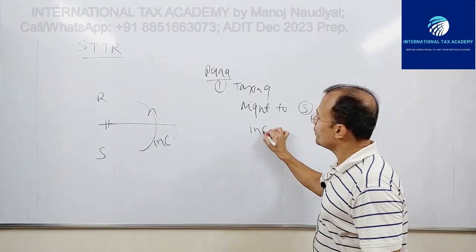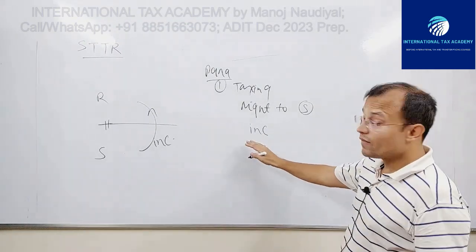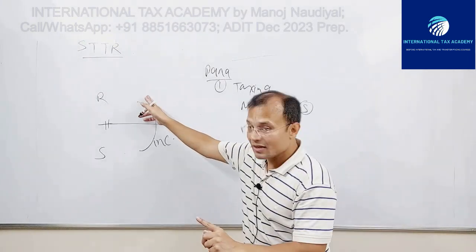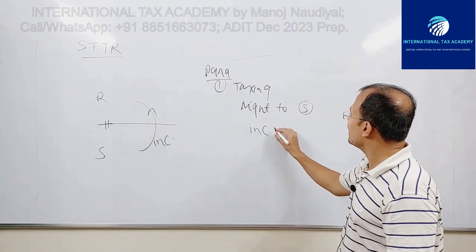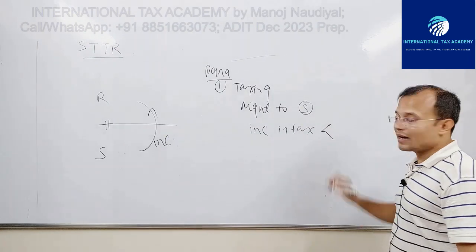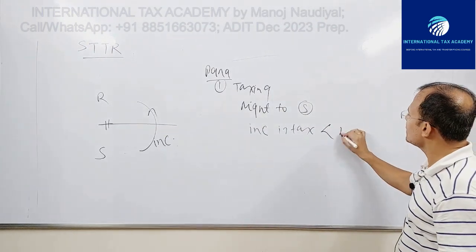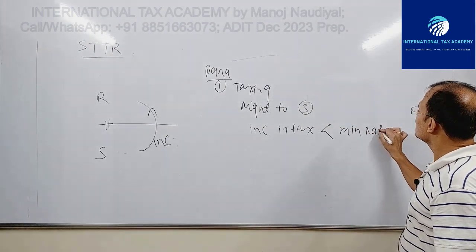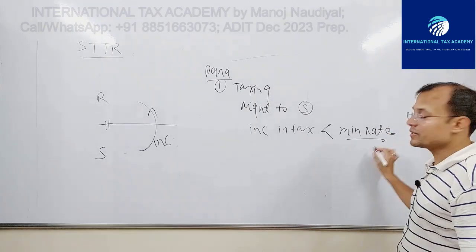Where the covered income is taxed in the R state at a rate below the minimum rate, that is, the minimum rate, how much? 9%.